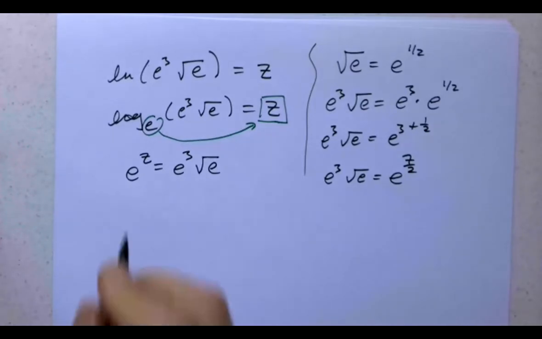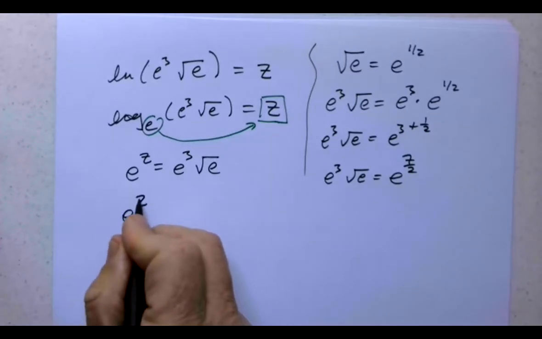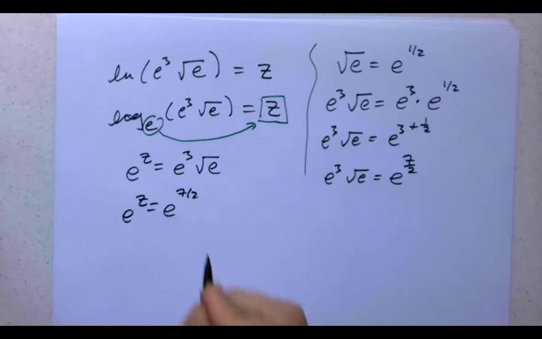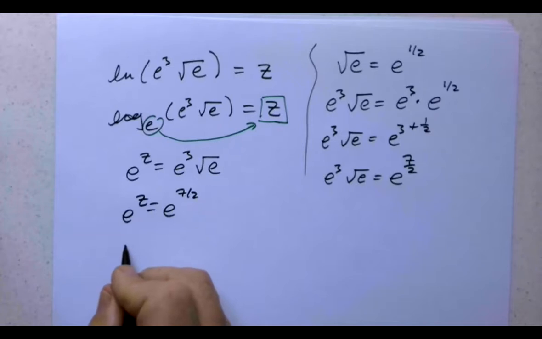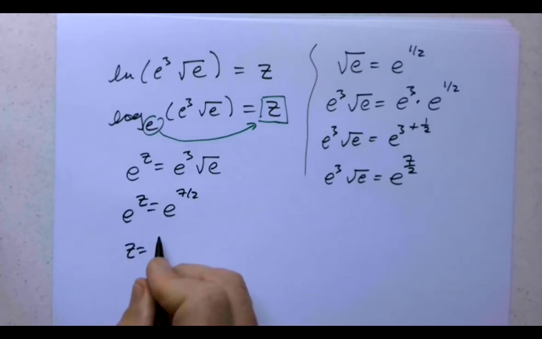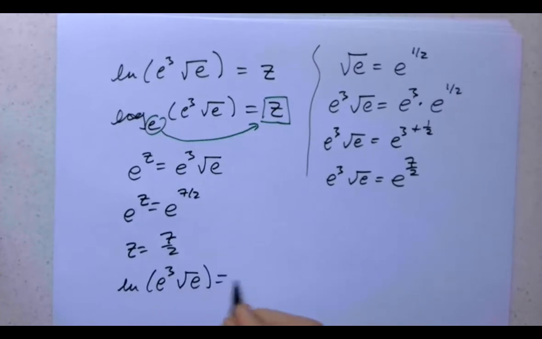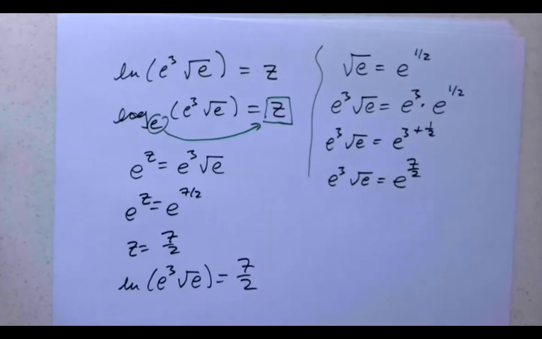So we get e to the z equals e to the 7/2. So that would tell me then that z equals 7/2, or the natural log of e cubed root e equals 7/2. So this is probably a good one to check on the graphing calculator.